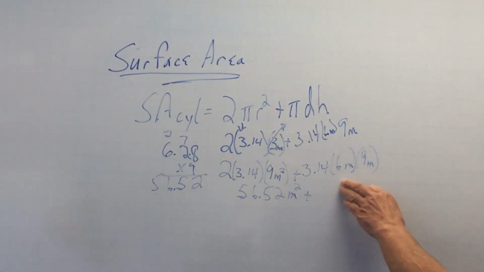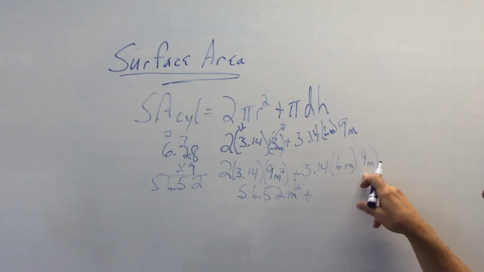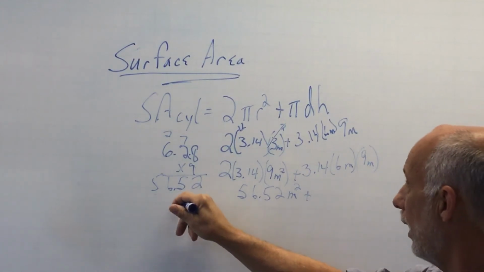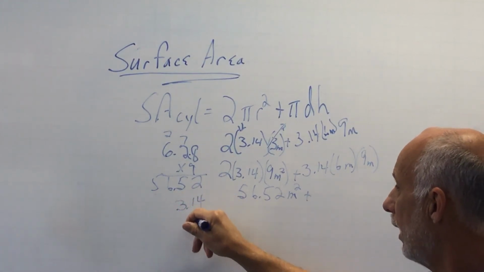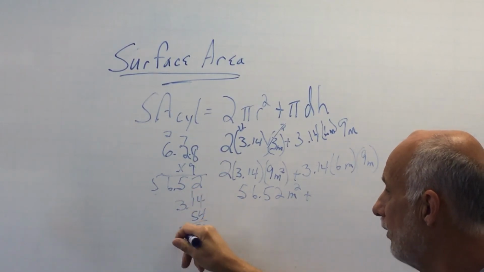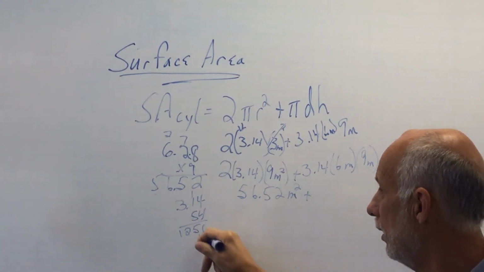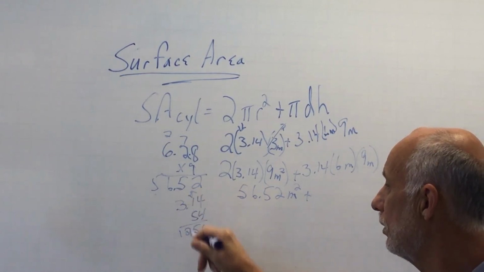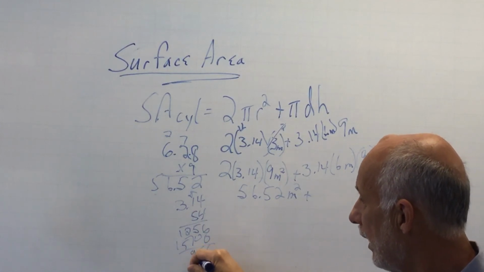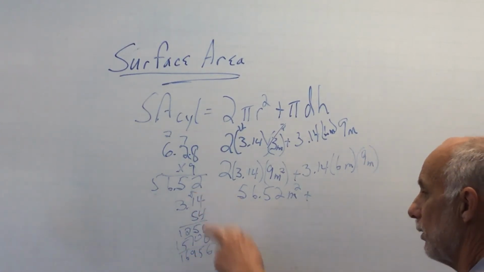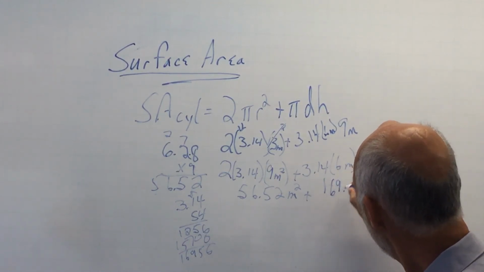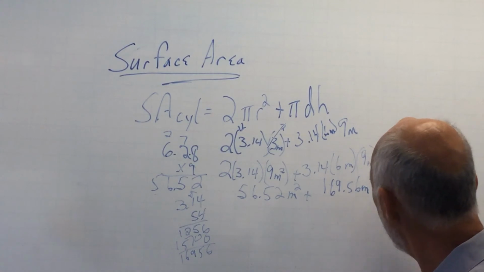Plus, over here, I would do 6 times 9 is 54, meters times meters is meters squared, and then I would multiply 3.14 times 54, 16, carry your 1, 4 and 1 is 5, and 12, 0 here, 20, carry your 2, 5 and 2 is 7, 15, and I get an answer of, with 2 places behind the decimal, 169.56 meters squared.